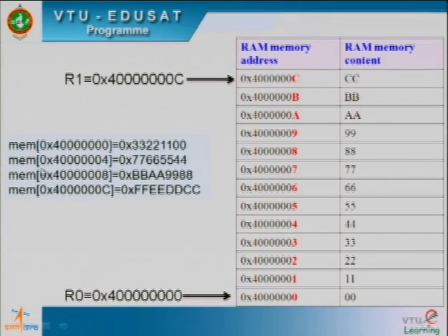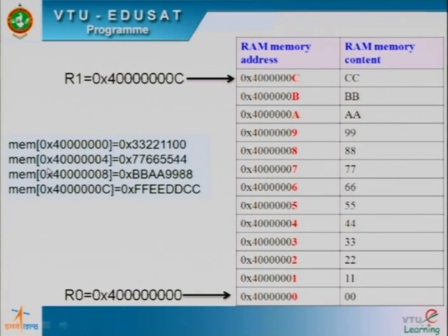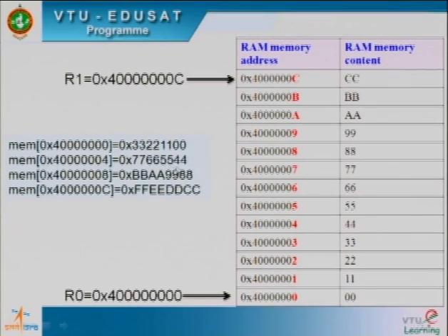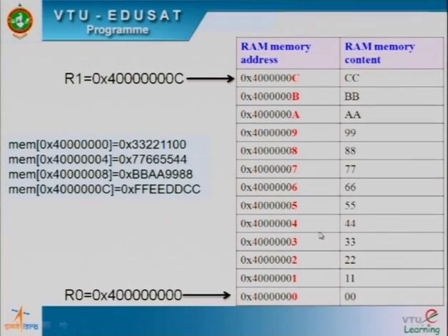Next, the memory location incremented by plus 4, 0x4 followed by 6 zeros and 4, will hold the value 77, 66, 55, 44, that is from here 44, 55, 66, 77. Similarly, the next location, 0x4 followed by 6 zeros and 8, will hold the value from 88.